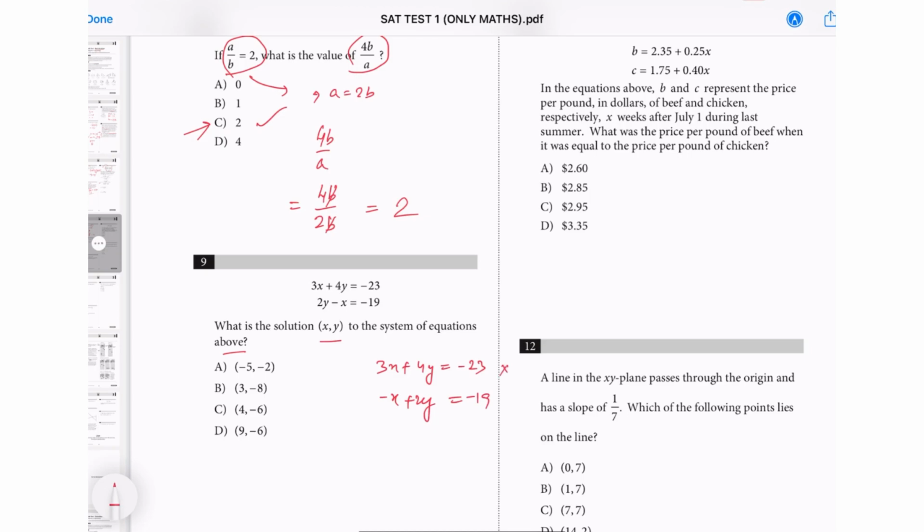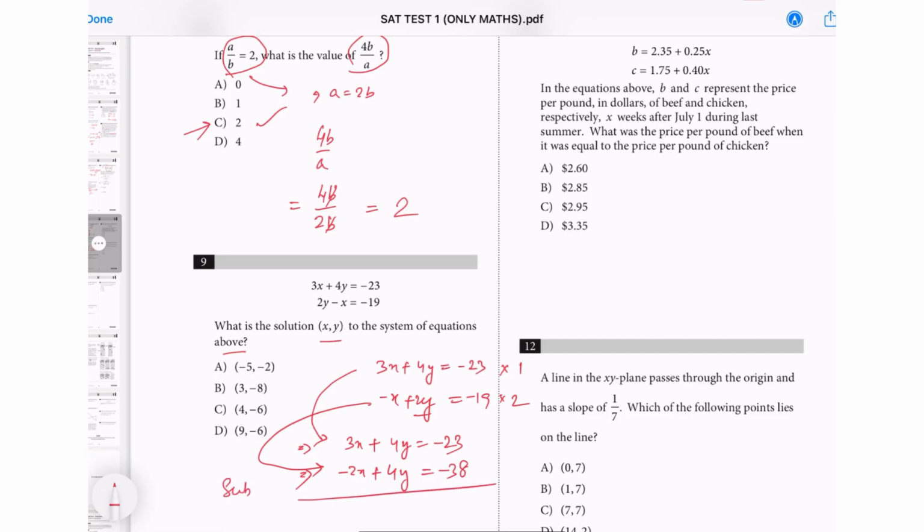For that I will multiply the first equation by 1 and the second equation by 2, so that this also becomes 4y. So the first equation now becomes 3x plus 4y equals minus 23, whereas the second equation becomes minus 2x plus 4y equals minus 38, and then I subtract.